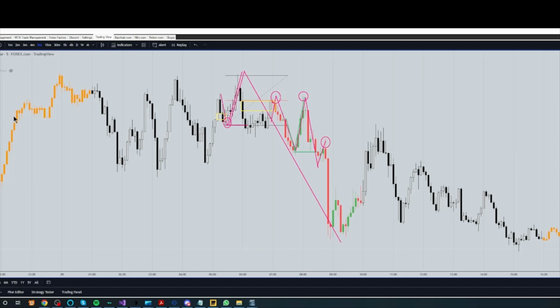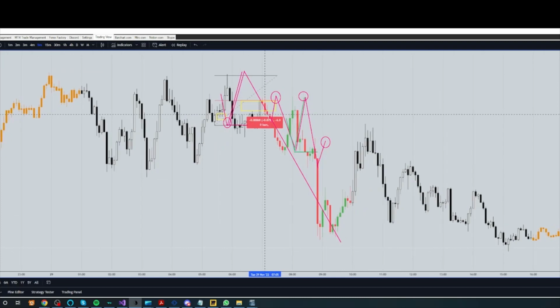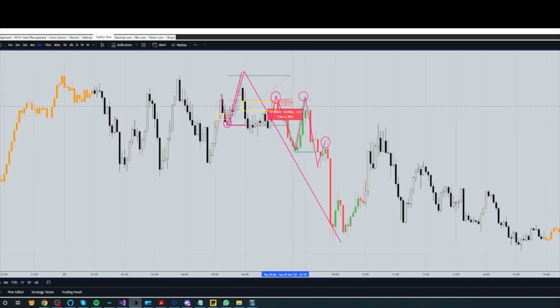So if we were to measure that, in total we have, that wasn't supposed to happen. We have a 60 pip trade. That's two 60 pip trades, that's equivalent to 120 pips.